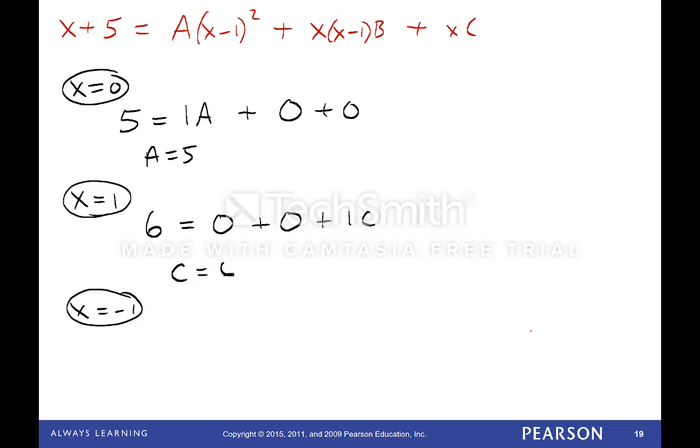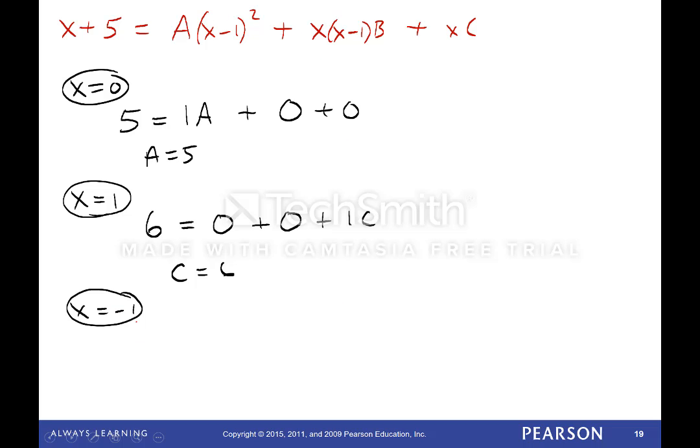Why do we do it? Because when we plug in one value, we will be left with only one variable that we don't know. That's the key here. Since I know what A is, since I know what C is, let me plug in a value. In fact, we do want to plug in something that's not going to cause zeros anywhere here.